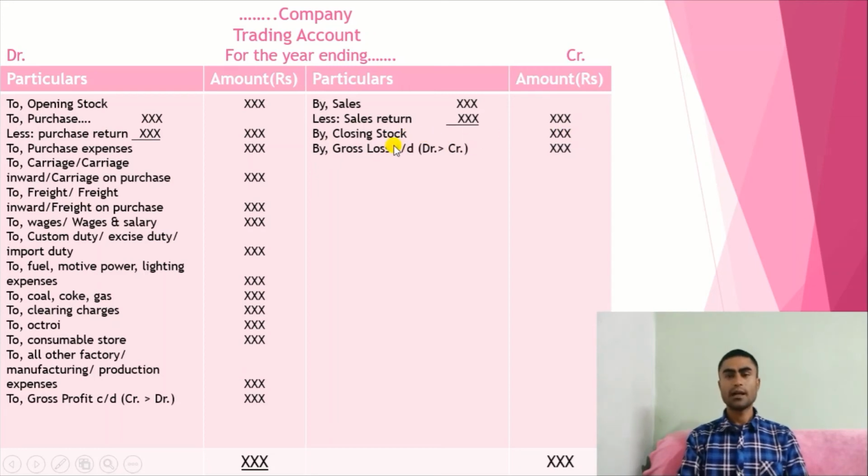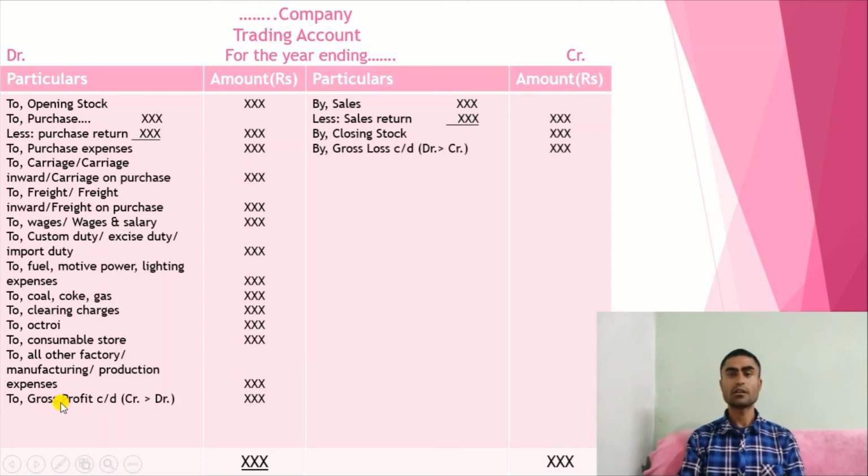And we should compare the debit side with credit side after recording all these items. If there is more in credit side, then there is gross profit and it is written in debit side.